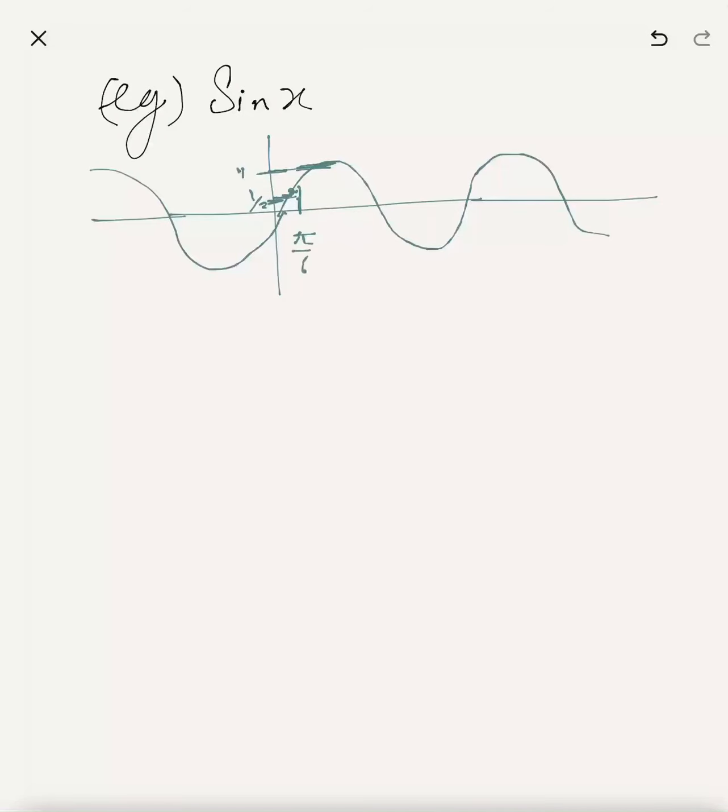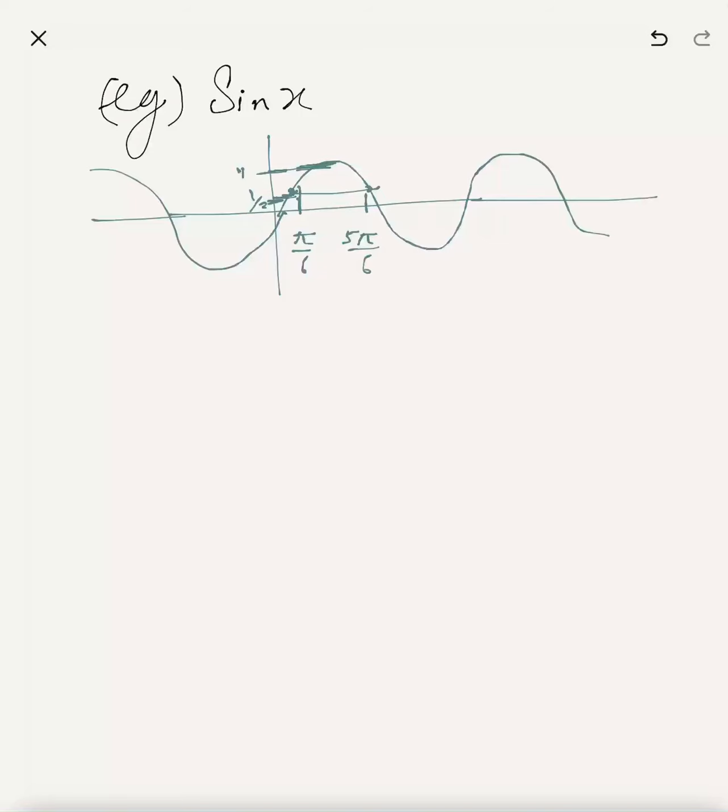Pi/6. Again, half you will be getting at this point. This is your 5 pi/6. Means at two different inputs you are getting the same output. So whenever at different inputs you get the same output, it will be a many-one function.